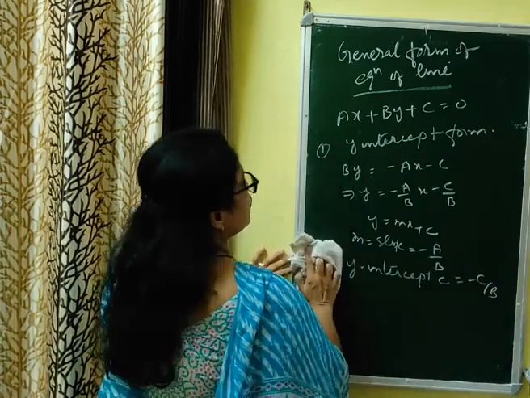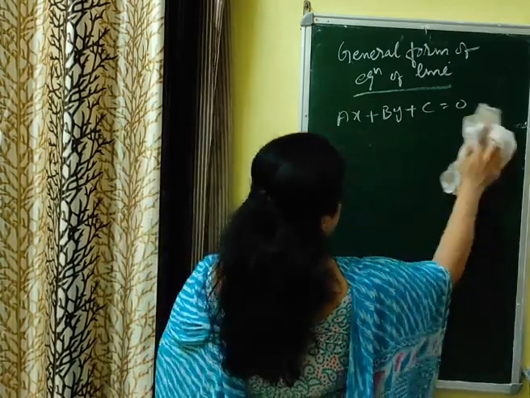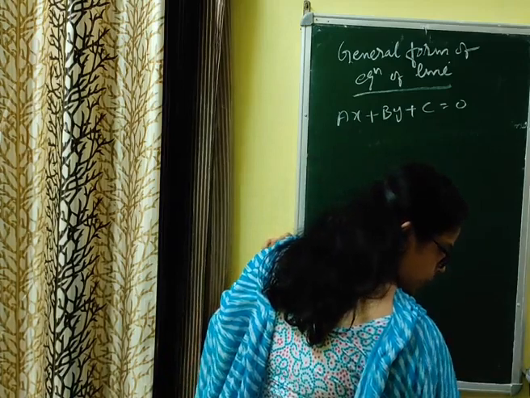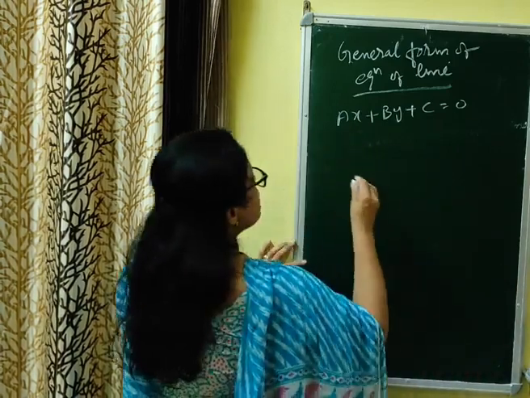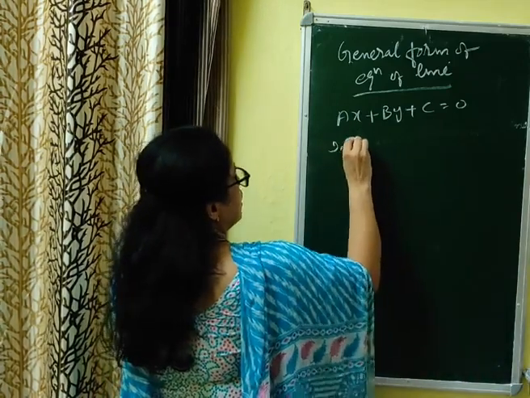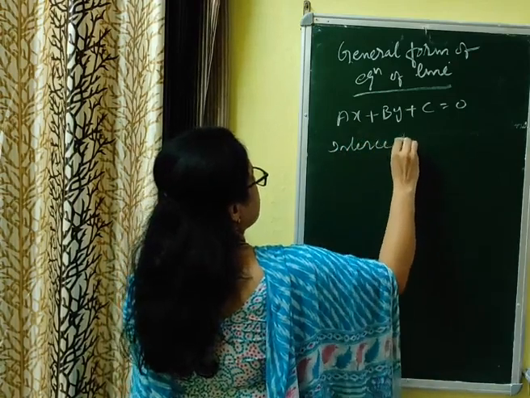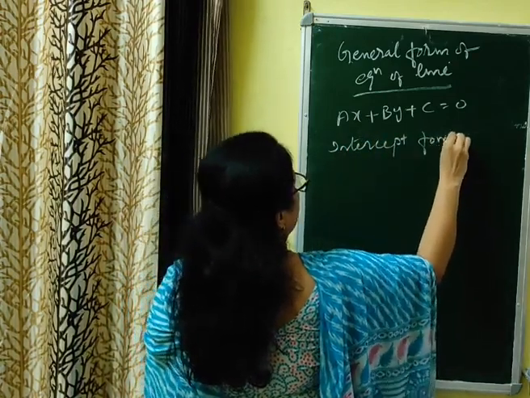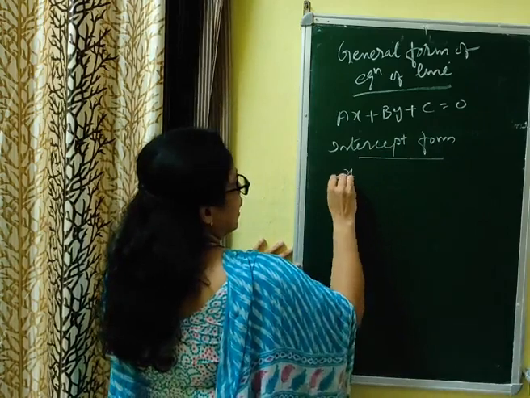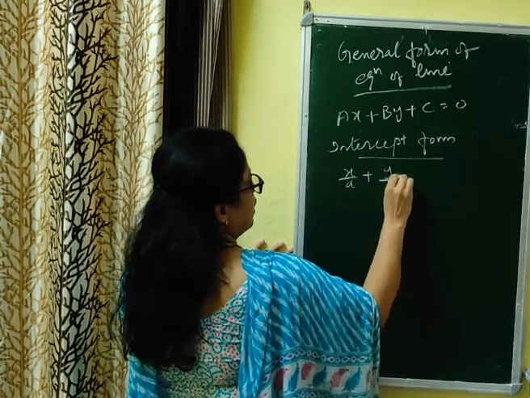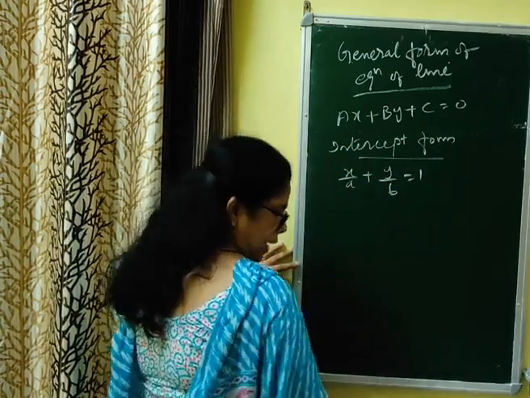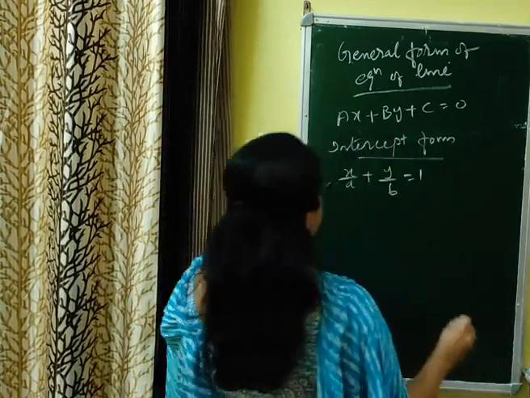Now how can we change it into the intercept form? सिंपल intercept form में इसको कैसे change किया जाए? Second one is intercept form. Intercept form is in the form of x by a plus y by b equal to 1, where a is the x-intercept and b is the y-intercept.